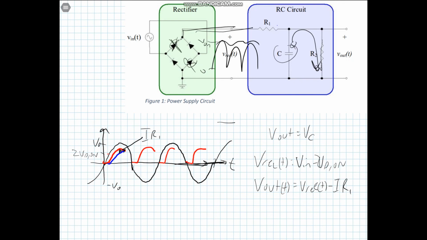Then the diodes turn off and the capacitor discharges. And so our V out discharges to the next line here. And then it comes up and it discharges, comes up and it discharges. And so we get a nice ripple DC with much smaller voltage drop.